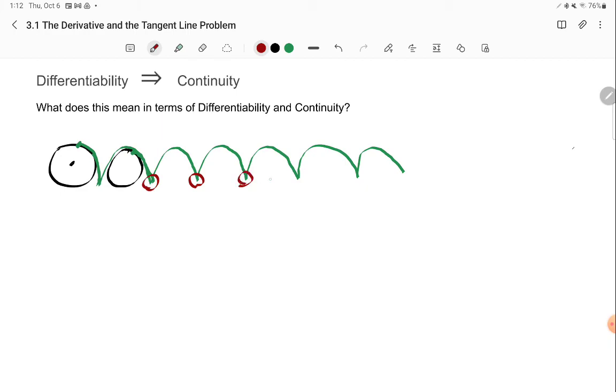That piece of gum is not moving at those points. Which is why if we try to find the derivative at those points, it's going to be non-existent.